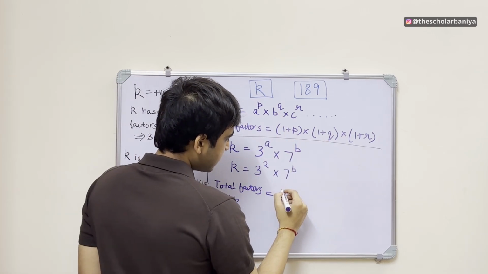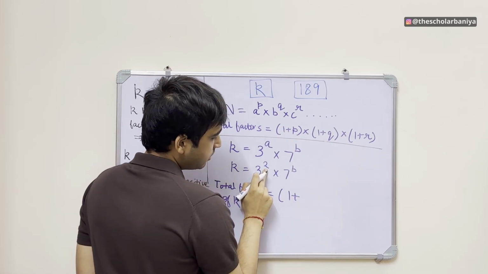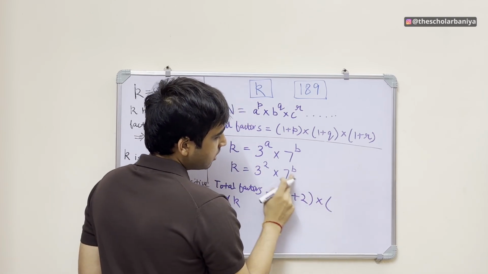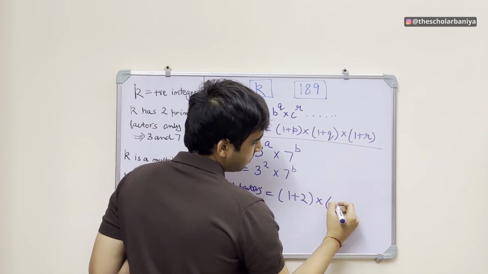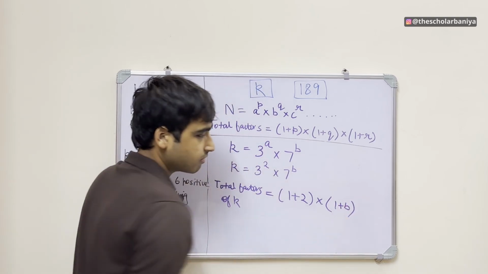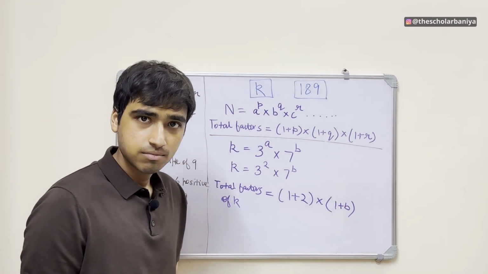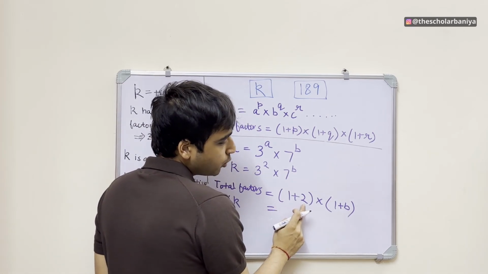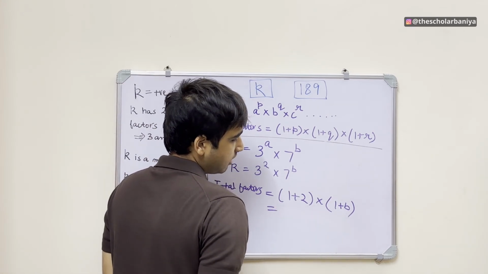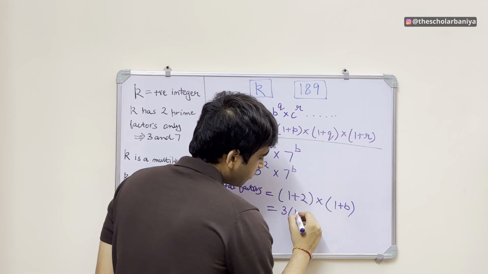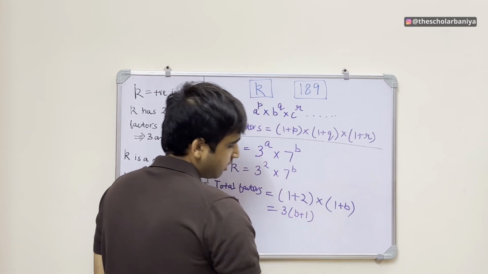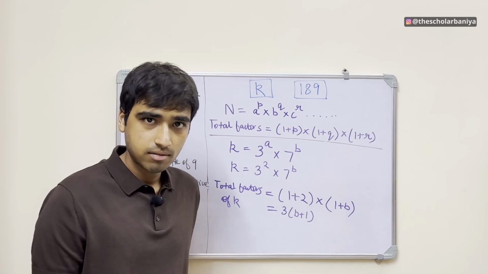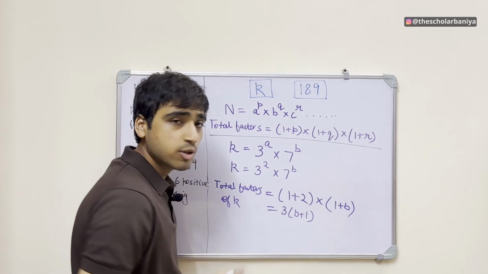So we can write it as 1 plus the power of 3 over here, which is 2, into 1 plus the power over here, which is b. So this turns out to be 1 plus 2 is 3, and this is b plus 1. So this is 3 times (b plus 1), right?